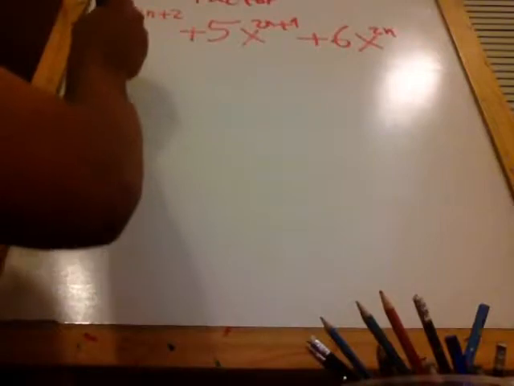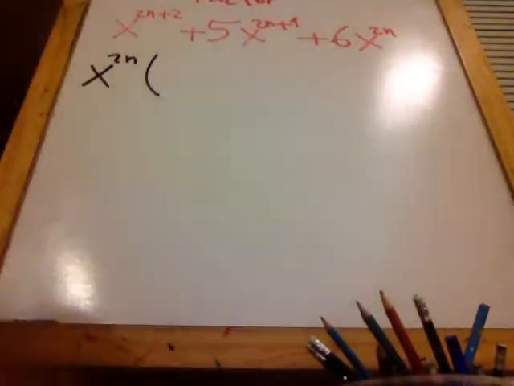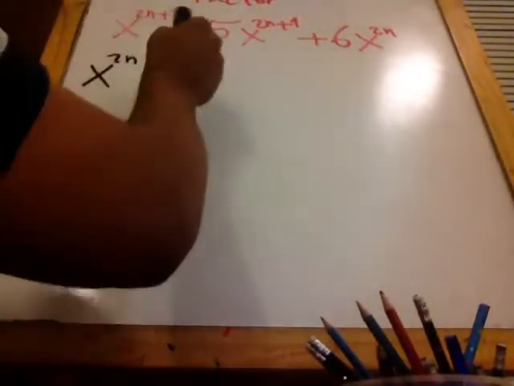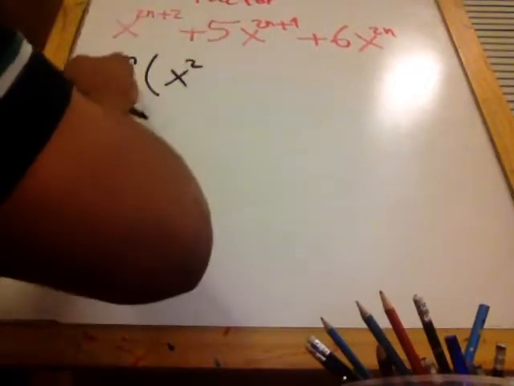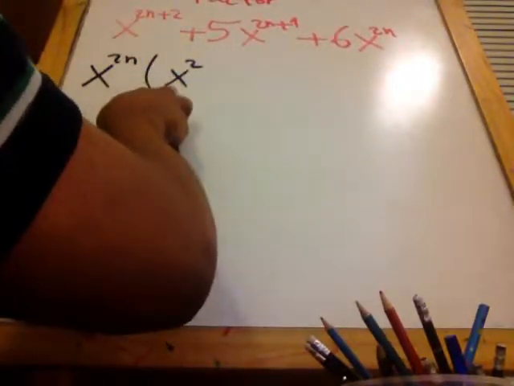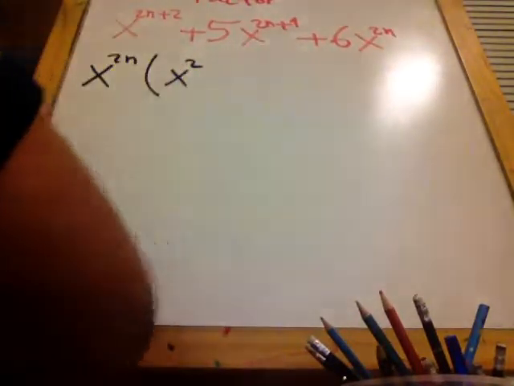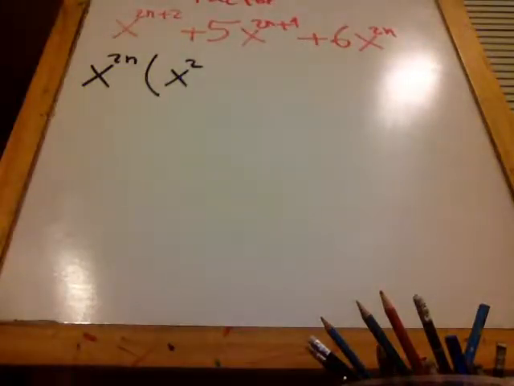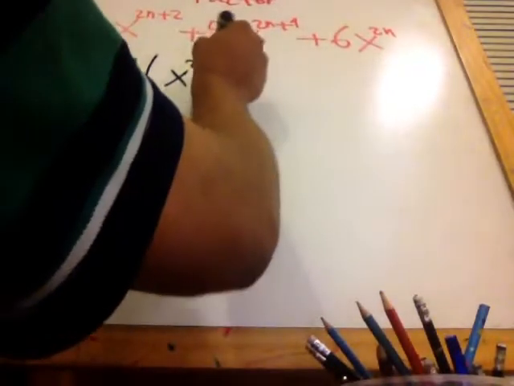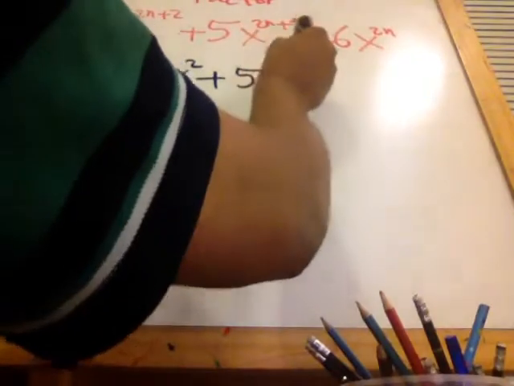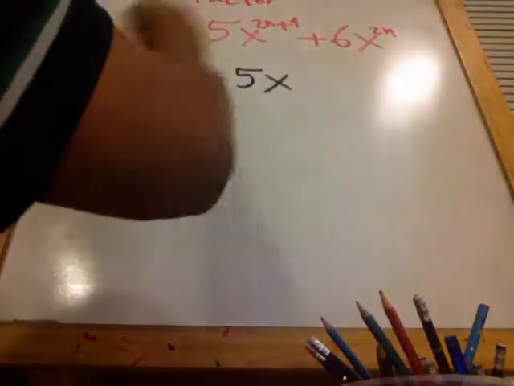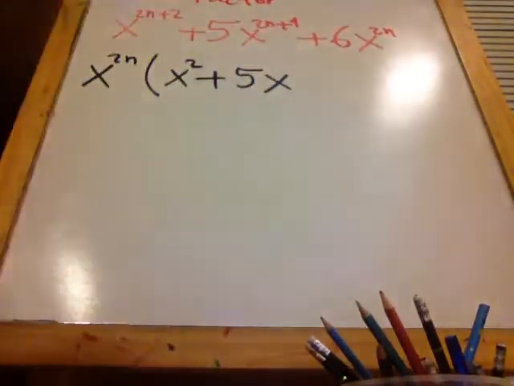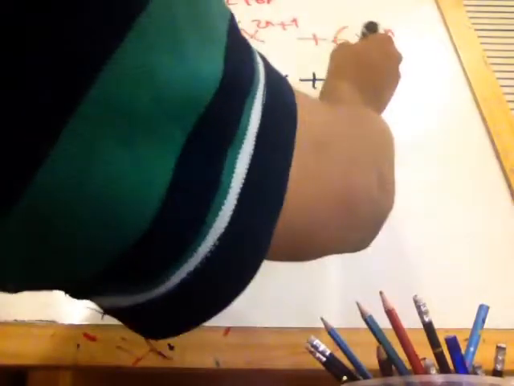So we can take x to the power 2n as common factor. And what is left is x squared. If you multiply this term times this term, you will just add the exponents here. So you'll get 2n plus 2. And here is 5 times x to the power 1. So if you multiply, you get 2n plus 1. And here is plus 6.